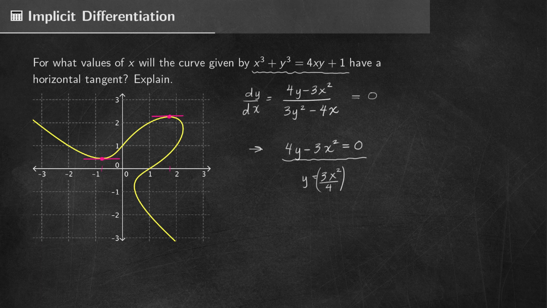So now I can take this value that y is equal to, 3x squared over 4, and substitute it into the other equation in place of the y.